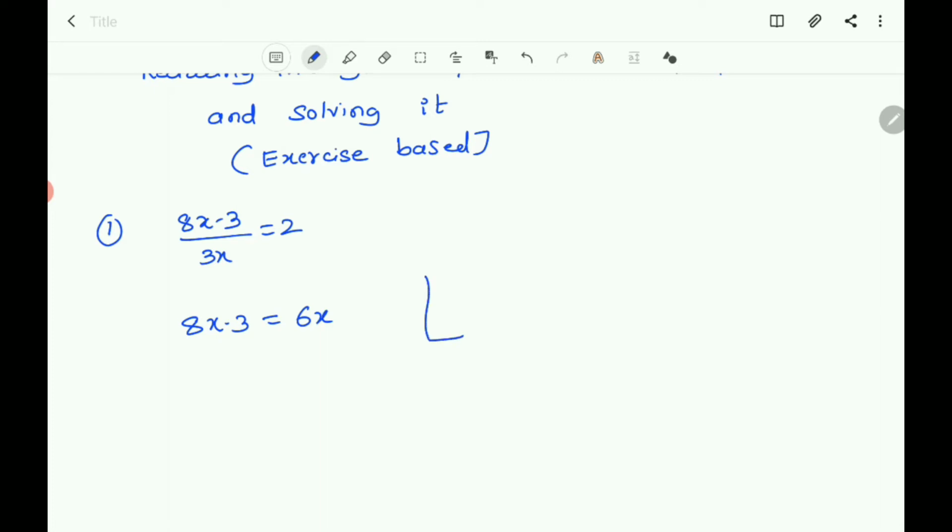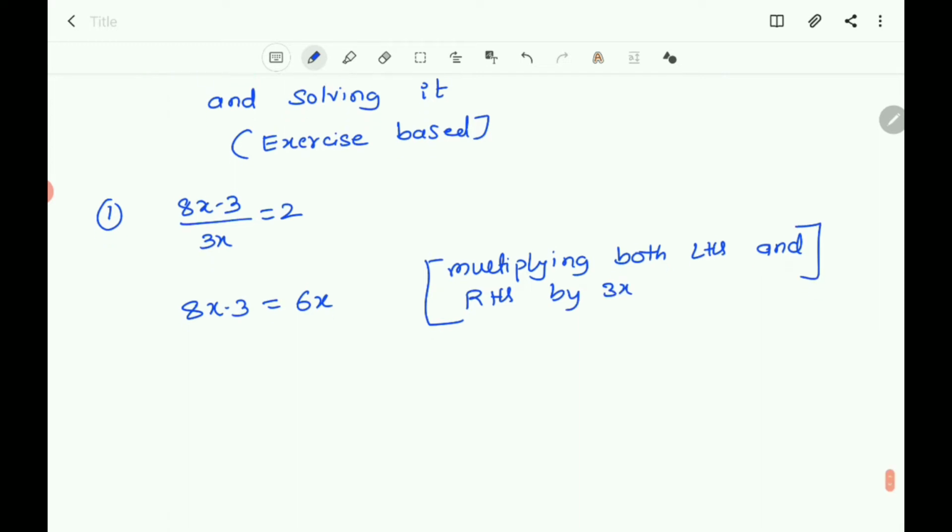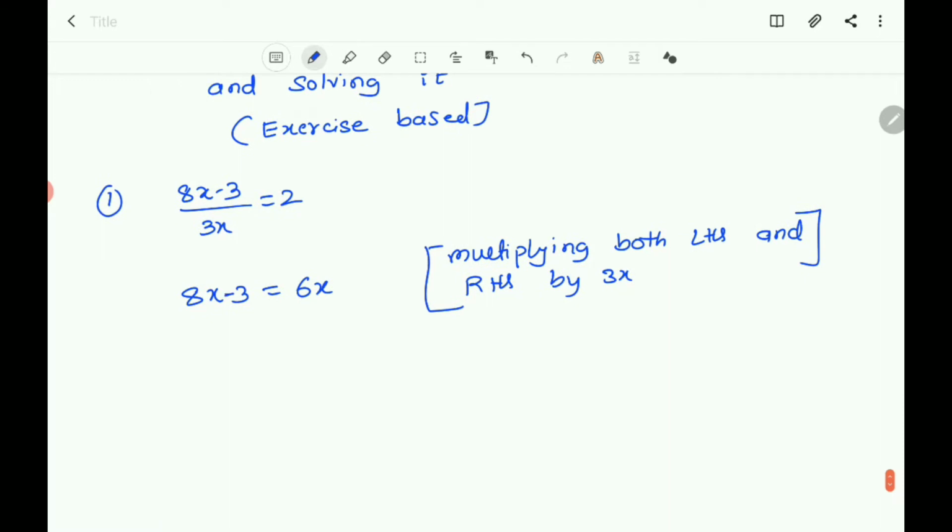What you have done here? Multiplying both LHS and RHS by 3x. Multiplying both LHS and RHS by 3x, you got here 8x minus 3 is equals to 6x.